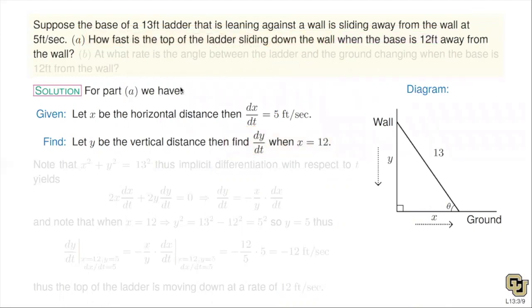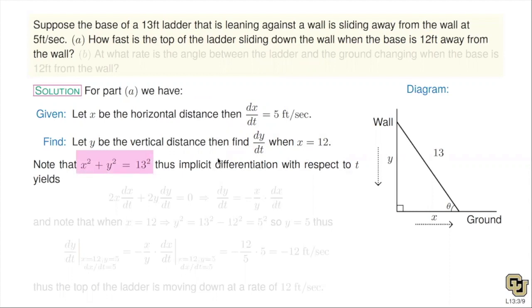Now I'm looking for an equation to relate the x variable and the y variable, not dx/dt and dy/dt, just x and y. If you look at the triangle, it's a right triangle, so one obvious equation to use is the Pythagorean Theorem. Clearly x squared plus y squared equals 13 squared.